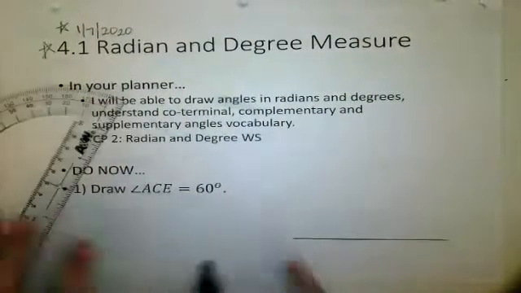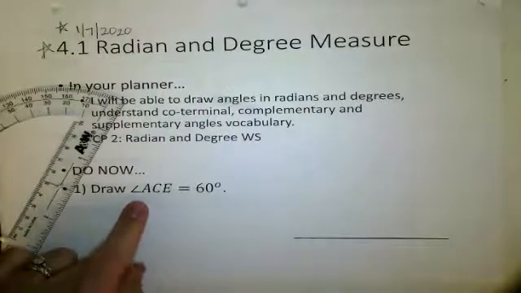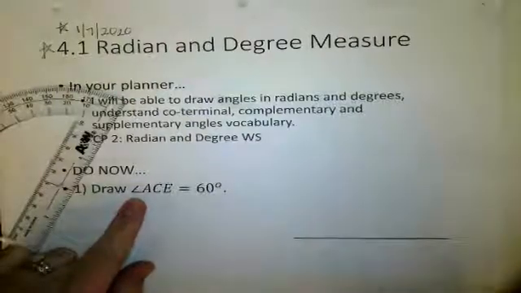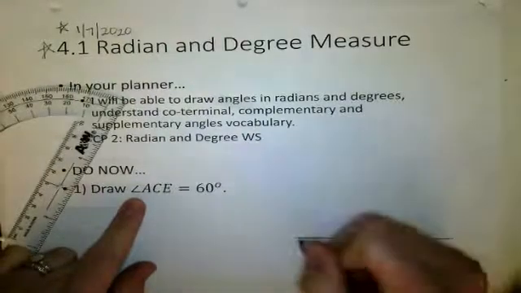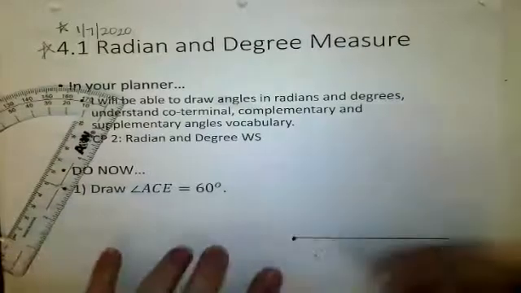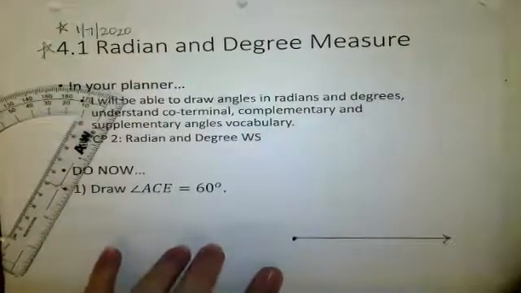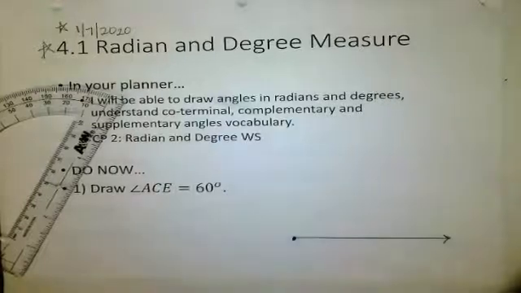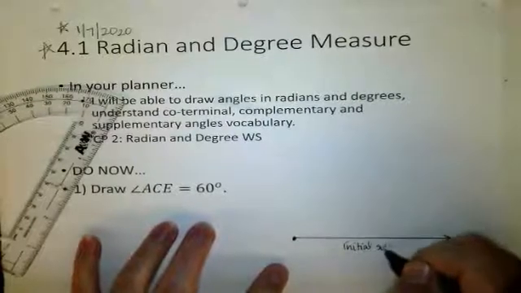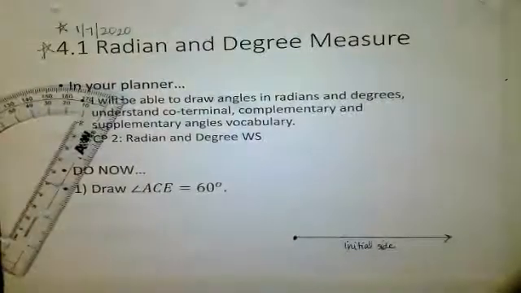Now, an angle is formed from two rays. If you remember your geometry terminology, a ray has an initial point, and it goes on forever in one direction. So this would be what we call the initial side of our angle. And it is important that we have an initial side.